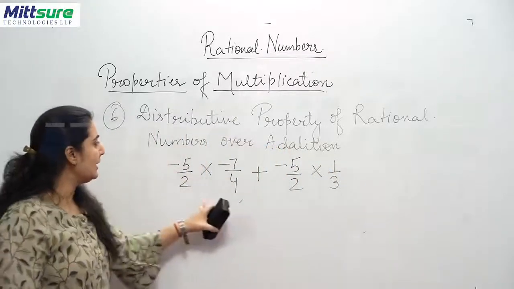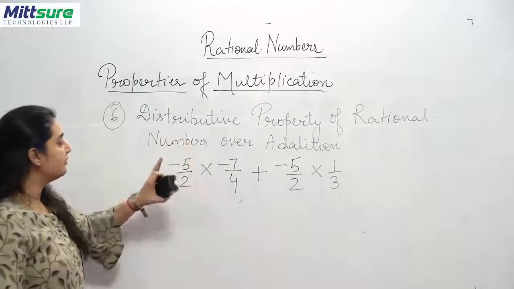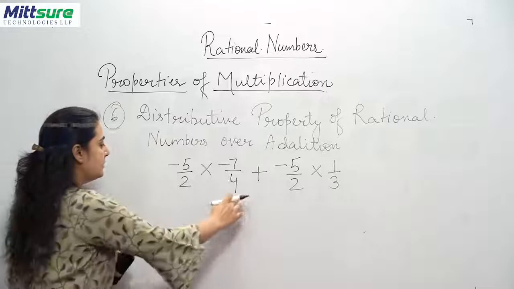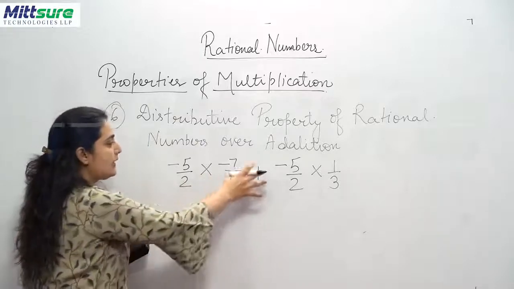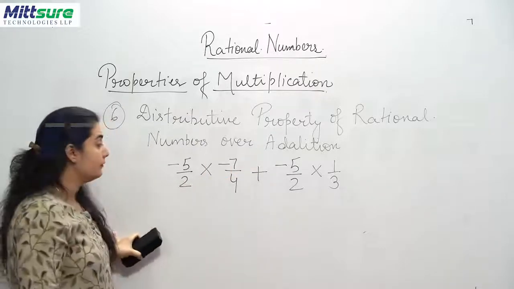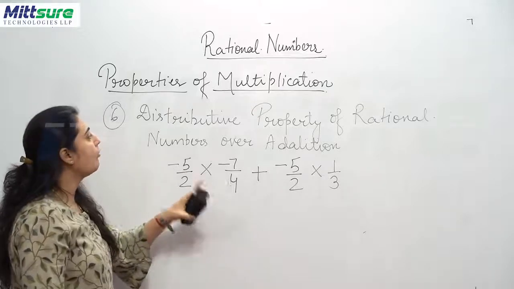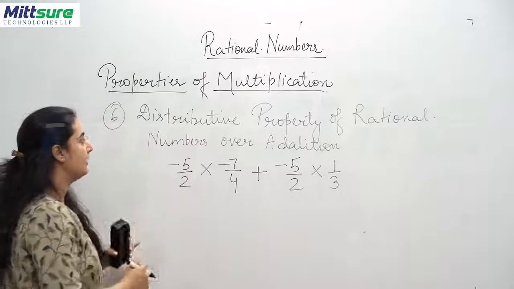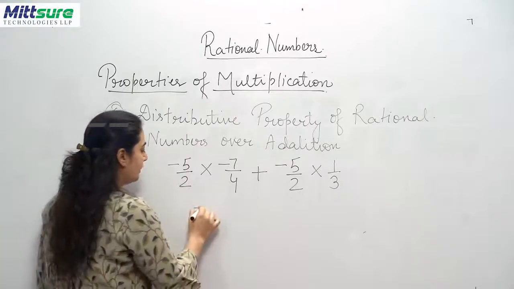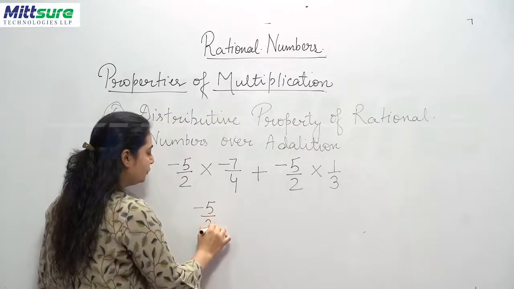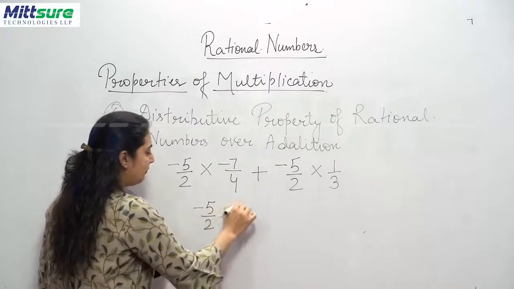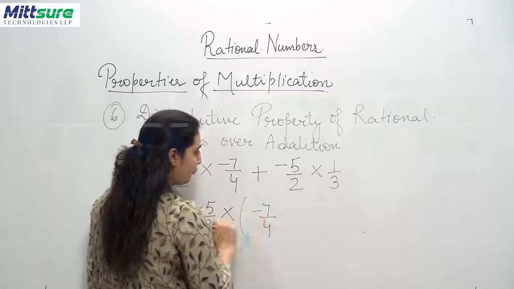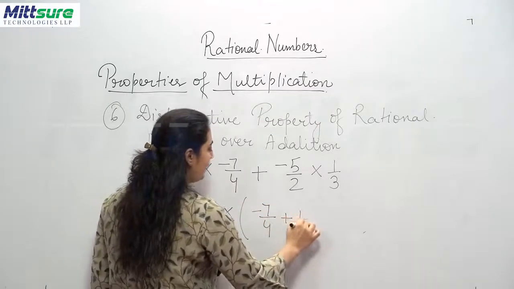So this is the distributive property which I will explain using rational numbers. Now see, this is the expanded form of the distributive property. If I have to confine it, this minus 5 upon 2 will be multiplying the sum of minus 7 upon 4 plus 1 upon 3.